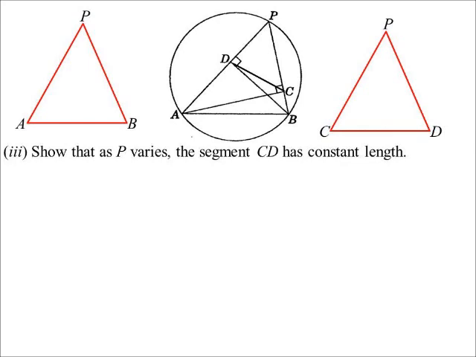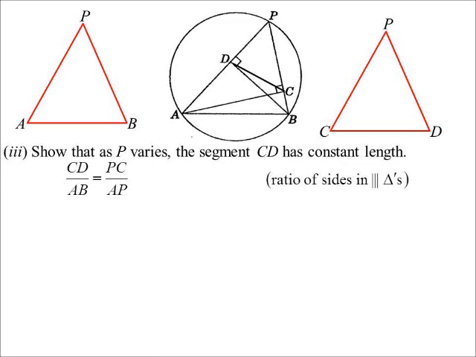I figure it's going to have something to do with that. Otherwise, why did they just ask me to prove they were similar? I like to draw them side by side so I get a feel for where the corresponding sides are. So I know then that CD over AB will be the same as PC over AP, the ratio of sides in similar triangles.